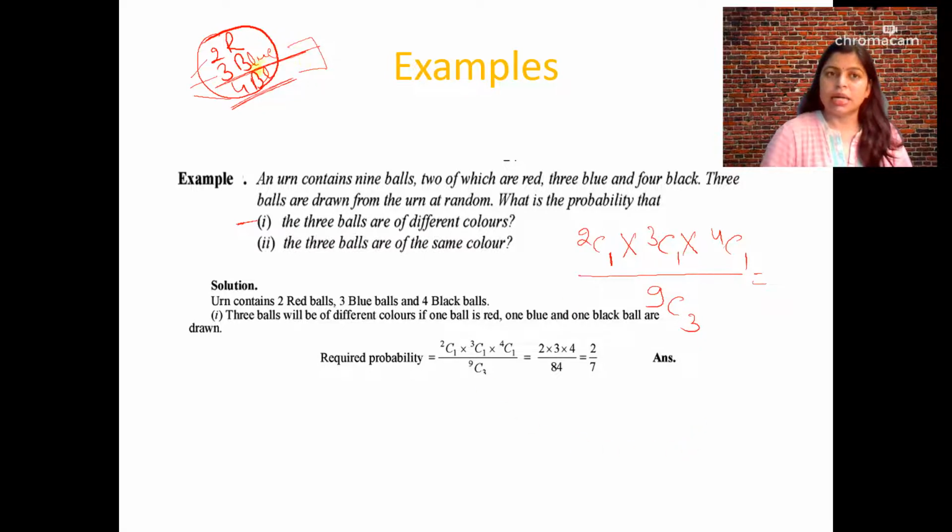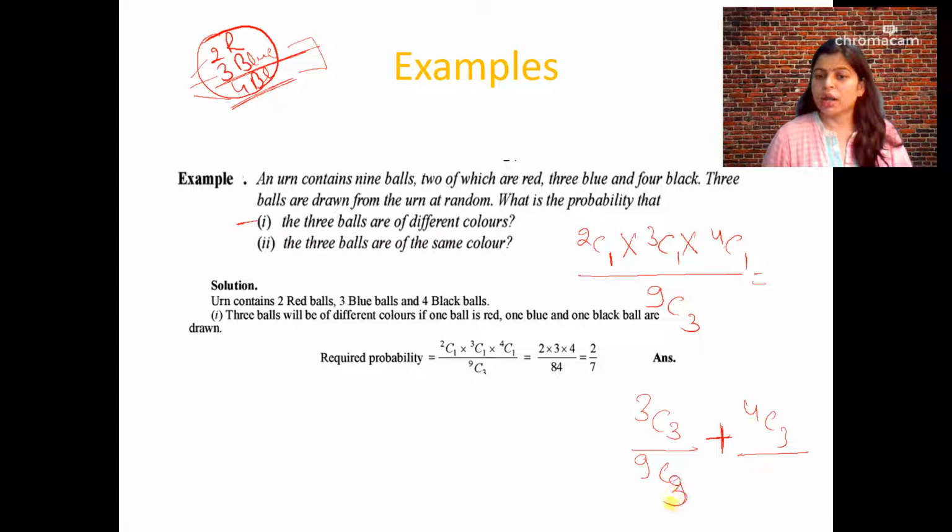My answer would be 3C3 out of 3 blue balls, and total out of 9 I'm getting 3. For the black, for the "or", I will get a plus sign, and here 4C3, and total out of 9 I am getting 3. Nothing would be common because these are two mutually exclusive events, so this would be my answer.